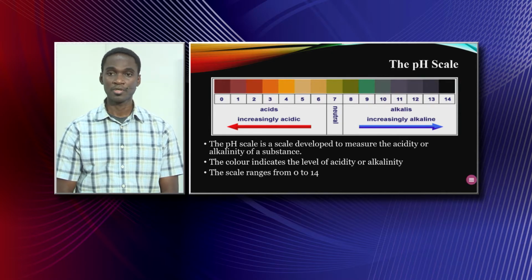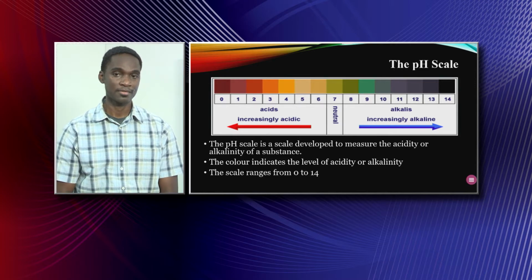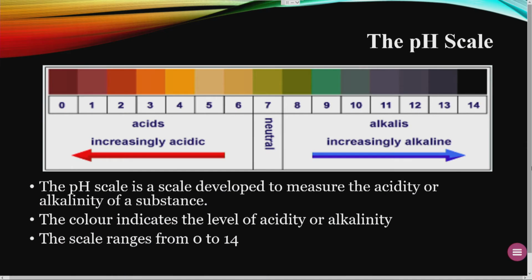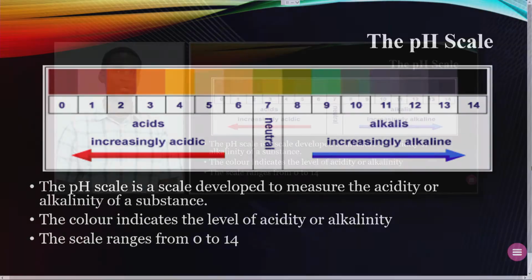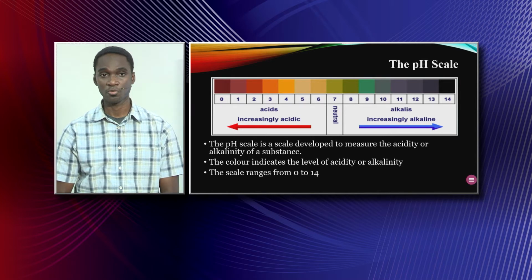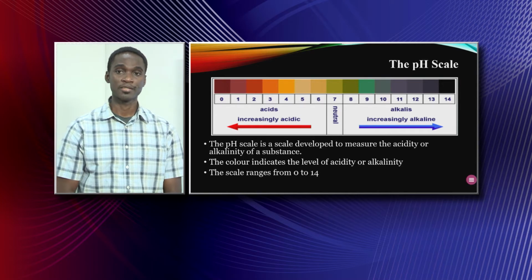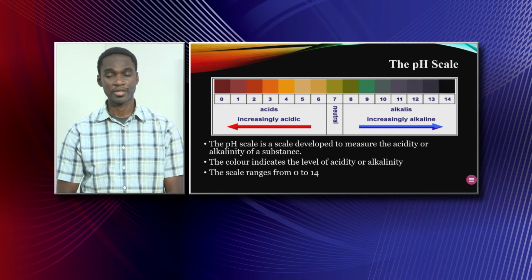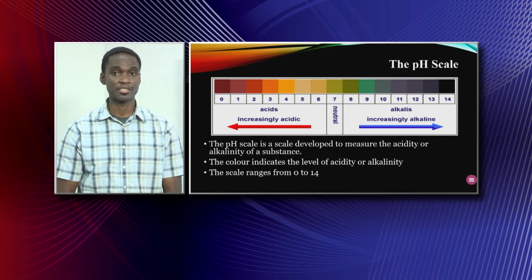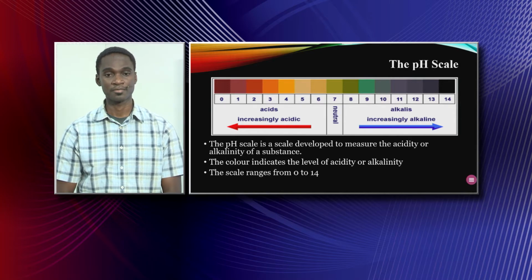The larger number would indicate that we have a stronger alkali, whereas the smaller number would tell us that we have a stronger acid. And so we can find acids such as hydrochloric acid and sulfuric acid around 1 and 2. And we can have 13 and 14, where we find bases or alkalis such as sodium hydroxide and potassium hydroxide.